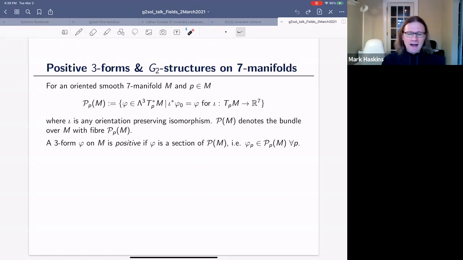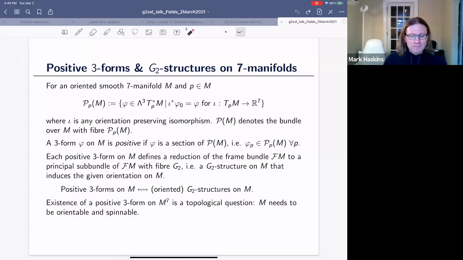Out of this pointwise construction, I make a bundle whose fiber is that set of choices, and then a positive 3 form is just a section of that bundle: a 3 form that lives in that at every point. Every time I have a positive 3 form on M, it gives me a reduction of the frame bundle to a principal sub-bundle of the frame bundle with fiber G2.